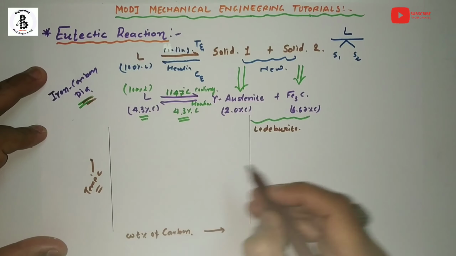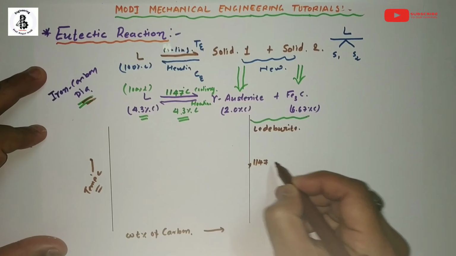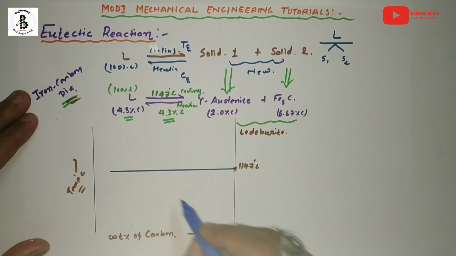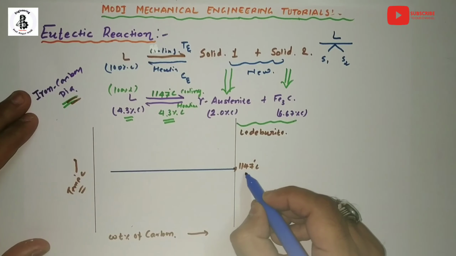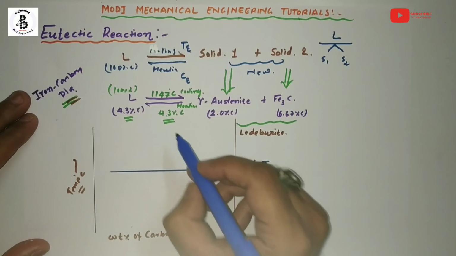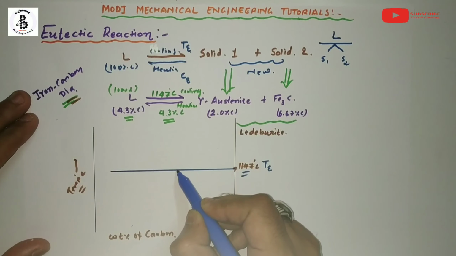You can note it down on this side as 1147, and make one horizontal line. By making one horizontal line from the eutectic temperature, you can then mark the composition, at 4.3% carbon.